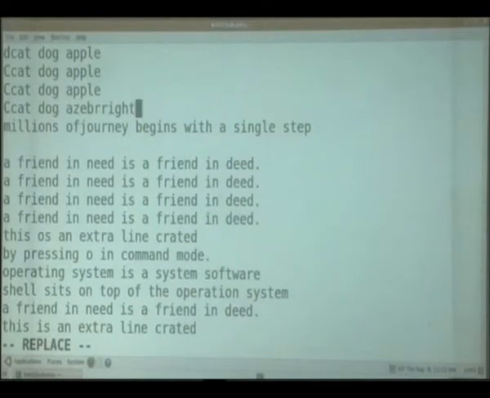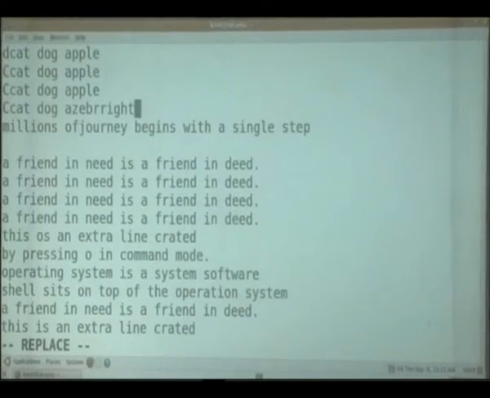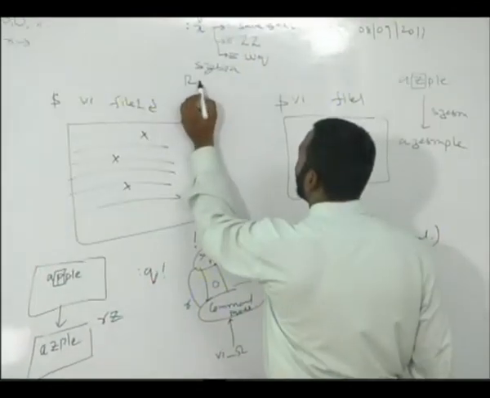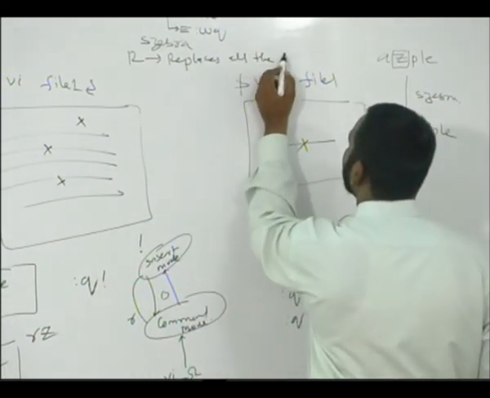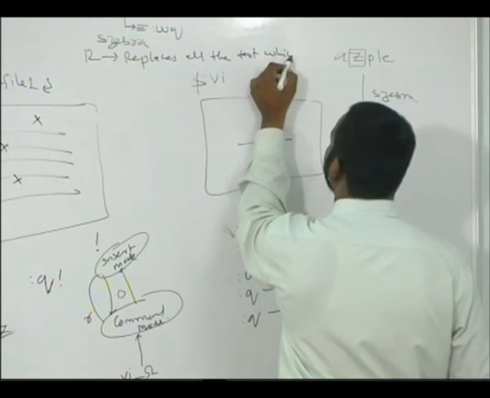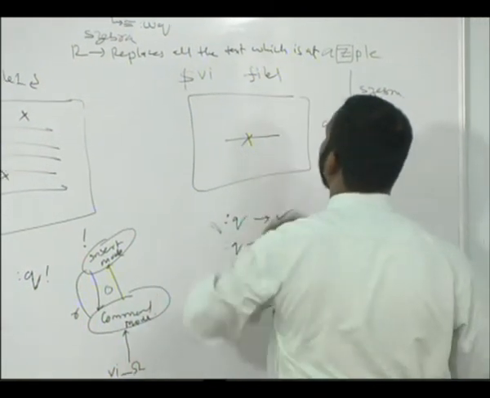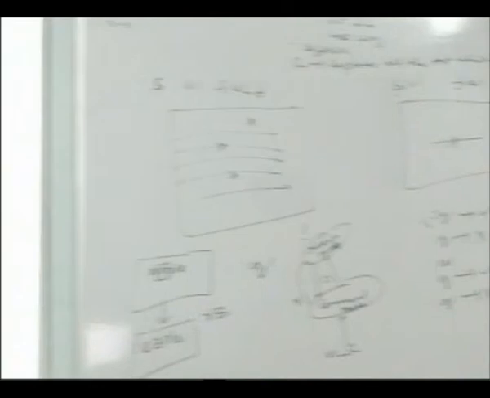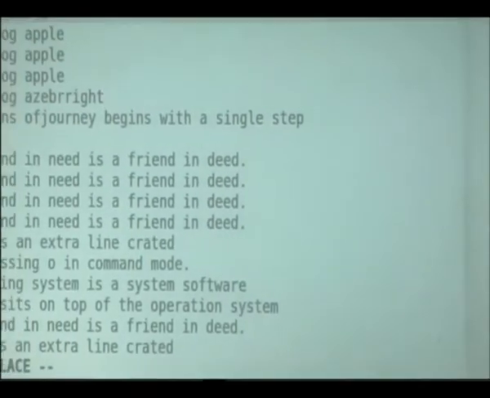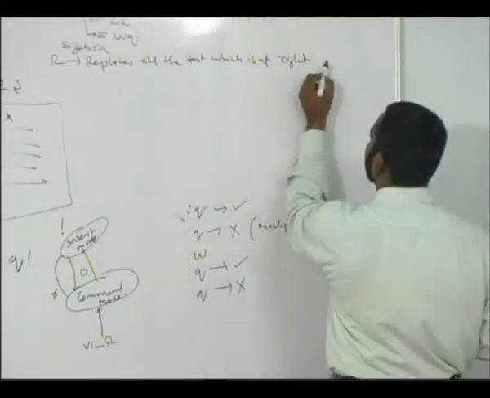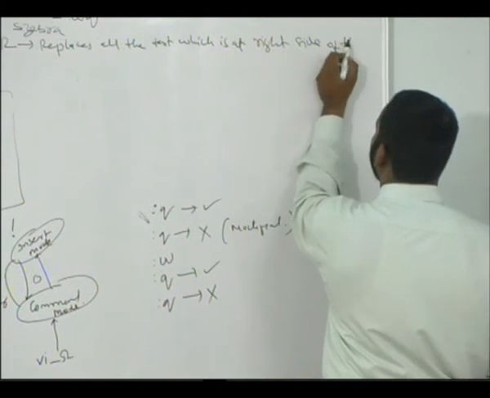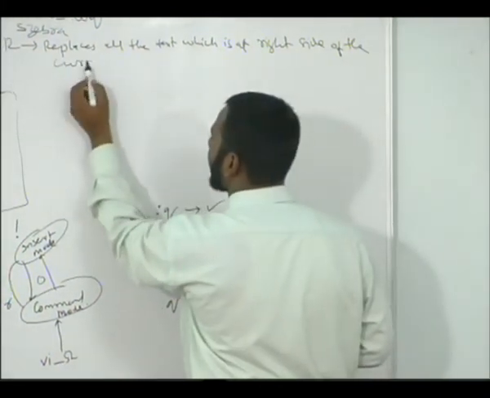So R replaces all the text which is at the right side of the cursor position.